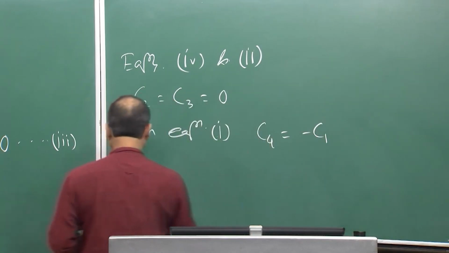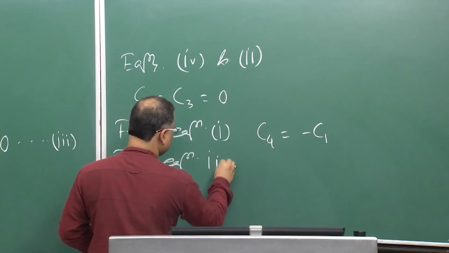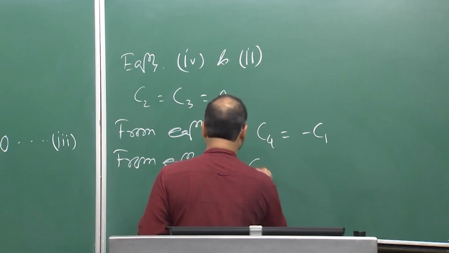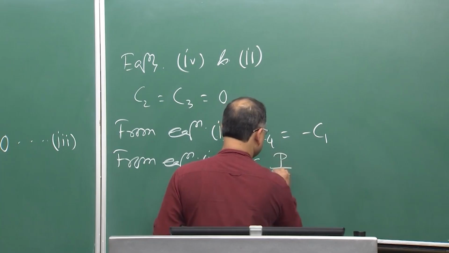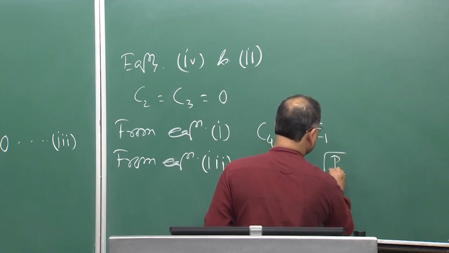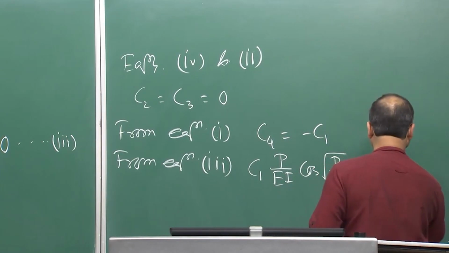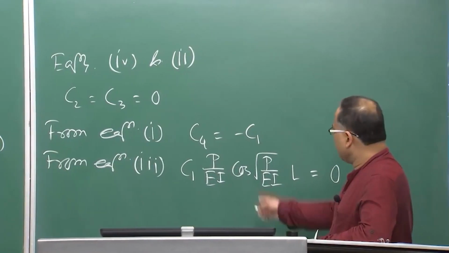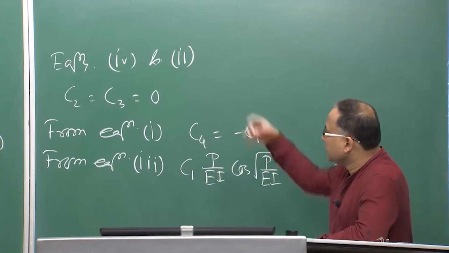Now, from equation 3 we can write C1 root over P by EI cos root over P by EI L equal to 0. In place of C4 we are putting minus C1 and we get this expression from equation 3, because C3 is 0, as already seen.